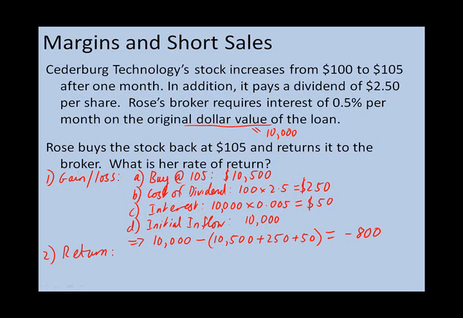The return is going to be equal to the gain or loss divided by the initial investment. In this case, Rose lost $800, and her initial investment was $5,000. She was required by the brokerage to invest $5,000. So her return is minus 0.16, which is equal to minus 16%.